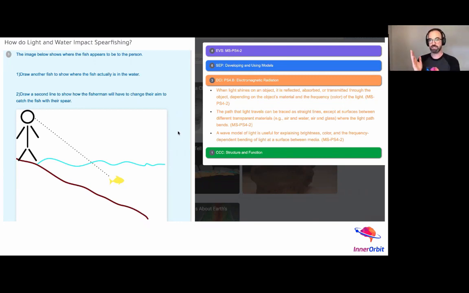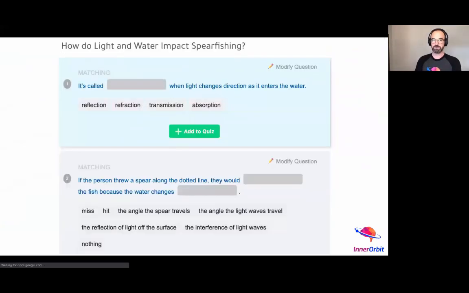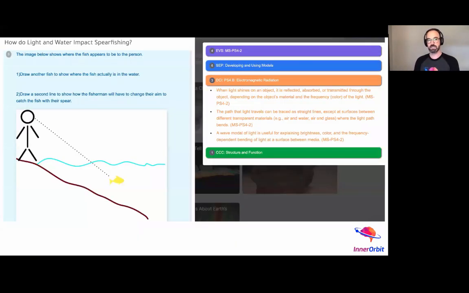We have a couple more questions in this cluster as well, but this is a good place to start, where you give students a couple questions to assess DCIs, maybe throw in some patterns with your second question, and then later on get into questions that are three-dimensional, where students are modeling and showing what's going on.